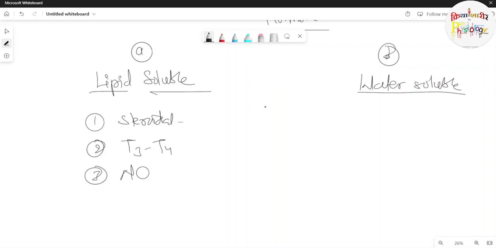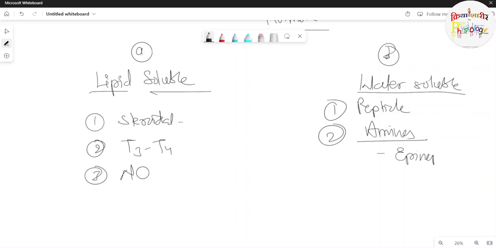Okay. Now the second group, which is hormones soluble in water. So all peptide hormones come under the water soluble group. Second one is some amine hormones or derivatives of amino acids. Example is epinephrine, which is water soluble. Norepinephrine is also water soluble.